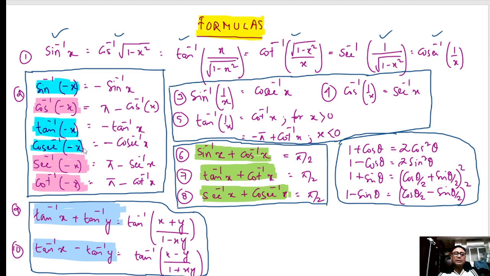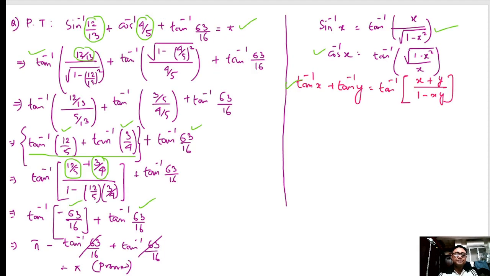If x is more than 0, then tan inverse minus x is actually pi minus tan inverse x.